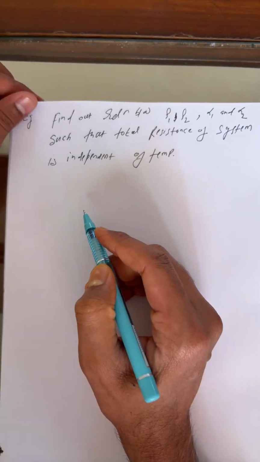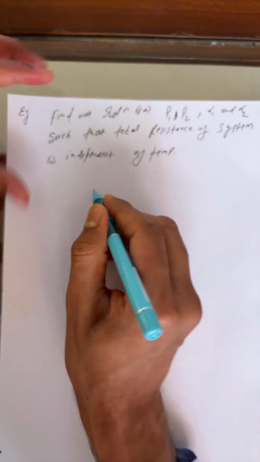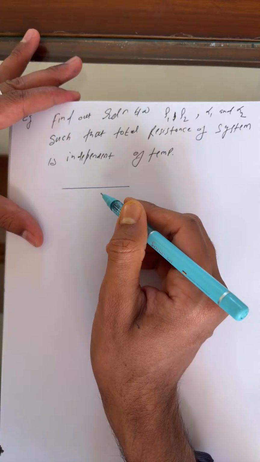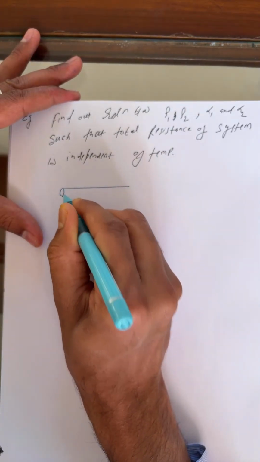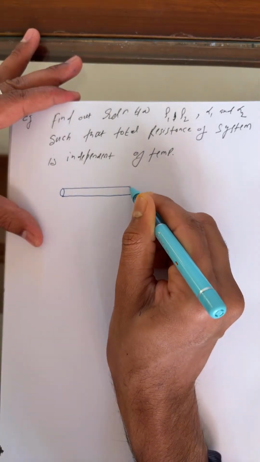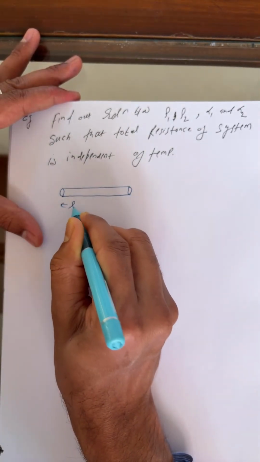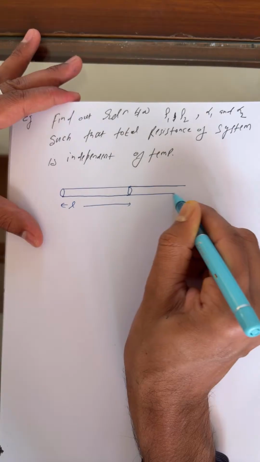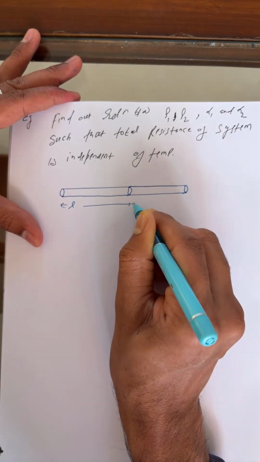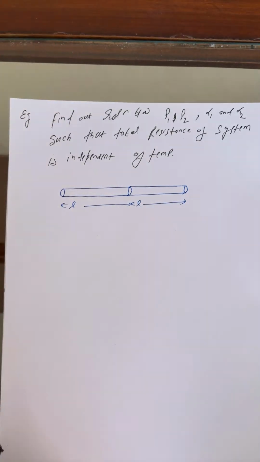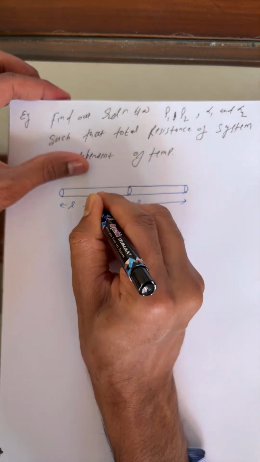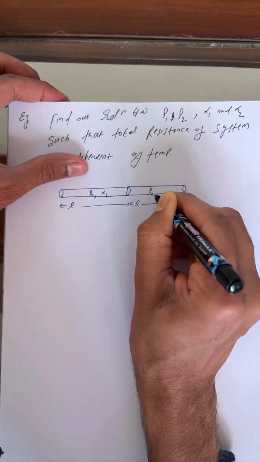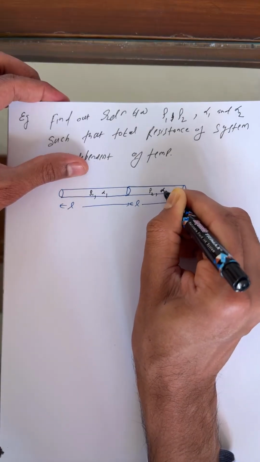Now I'm going to show you the diagram. Find out the relation between rho 1 and rho 2. There are two identical rods, connected end to end, each of length L. This one is rho 1 and alpha 1, and this is rho 2 and alpha 2.